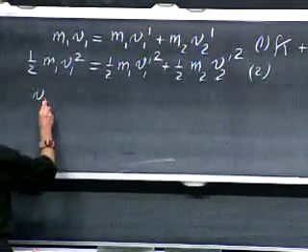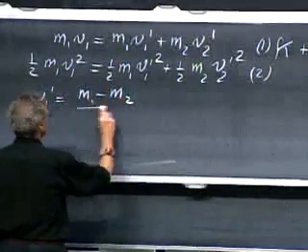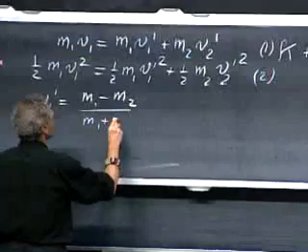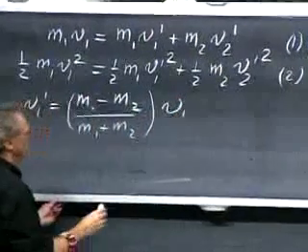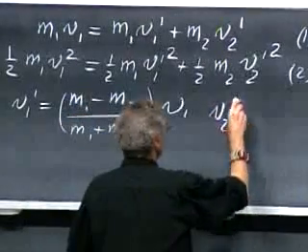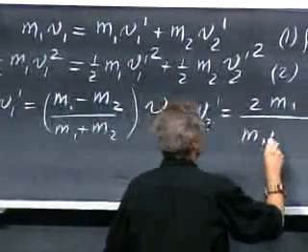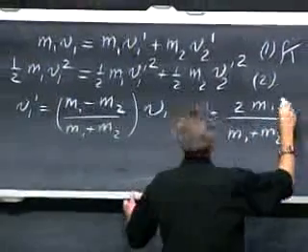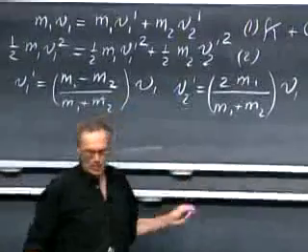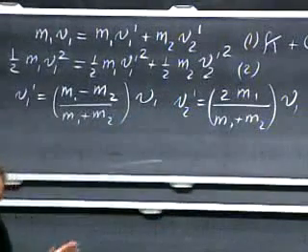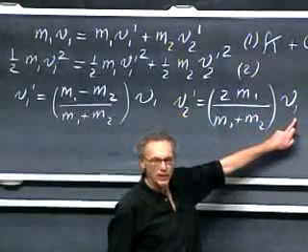V1 prime will be (m1 minus m2) divided by (m1 plus m2) times v1. And v2 prime will be 2m1 divided by (m1 plus m2) times v1. The first thing that you already see right away is that v2 prime is always in the same direction as v1.